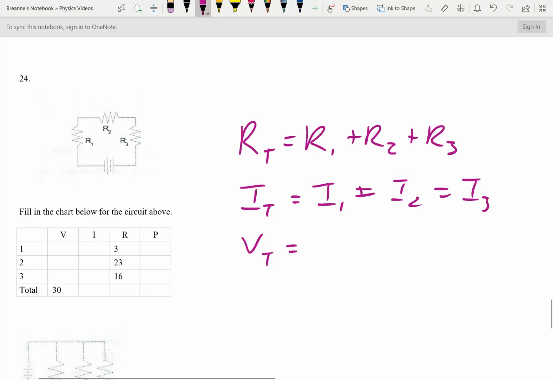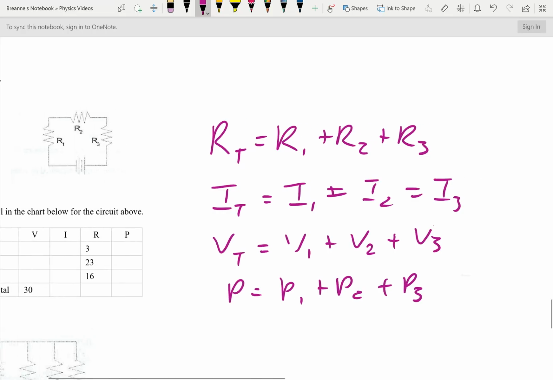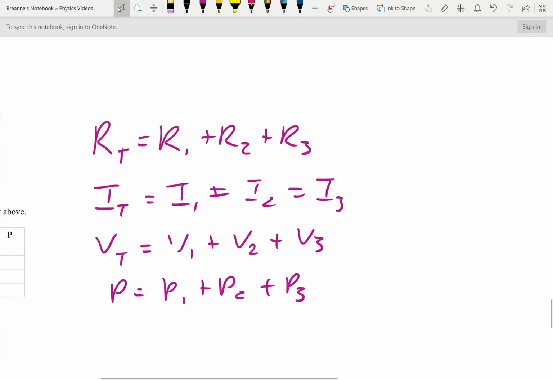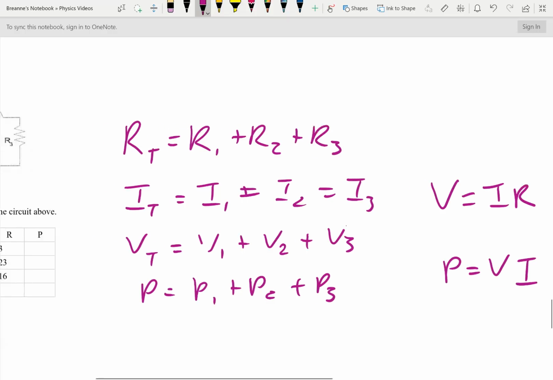Voltage, you add up. Power, you add up. And the equations that are constant between both of them are V equals IR and P equals VI.